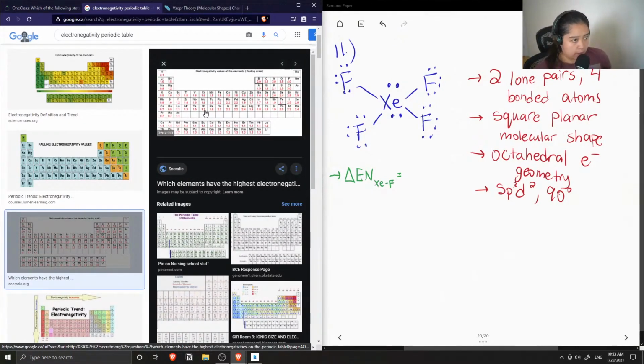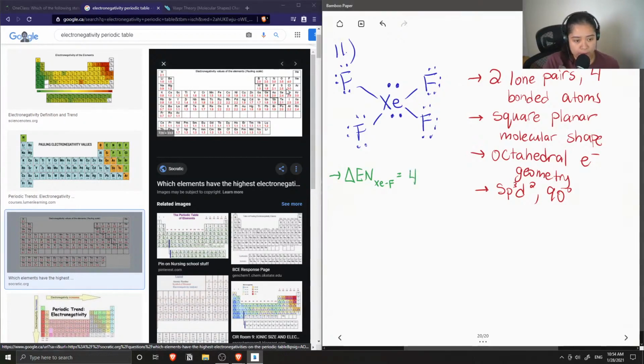Okay, so these show all the different electronegativity values of the elements. Fluorine has an electronegativity value of 4, and xenon has an electronegativity value of 2.6. I think these are a bit rounded, but if we subtract 4 minus 2.6, you get 1.4.